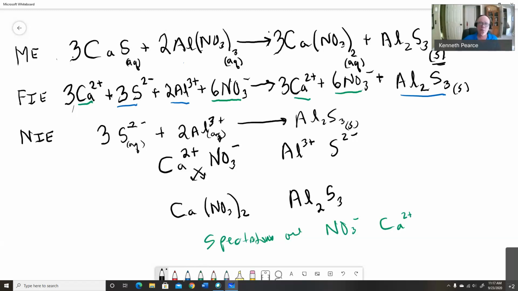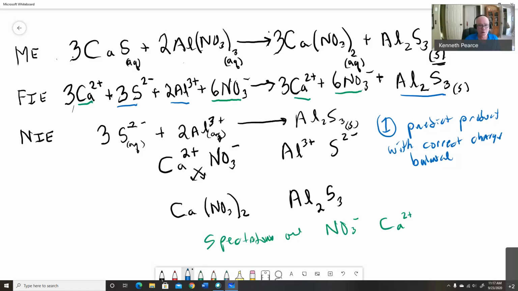It's a key skill. 1, let me just write them out. These are things that you have to be able to do. 1, you have to be able to predict the product with correct charge balance. In other words, it's this piece right here, this very last piece here. That's what that skill is, number 1.